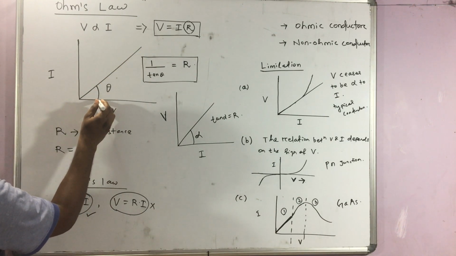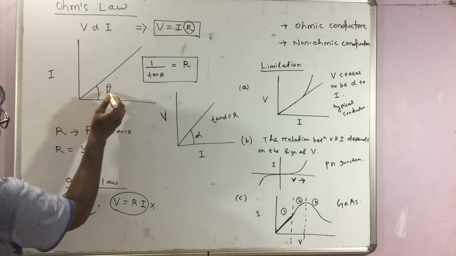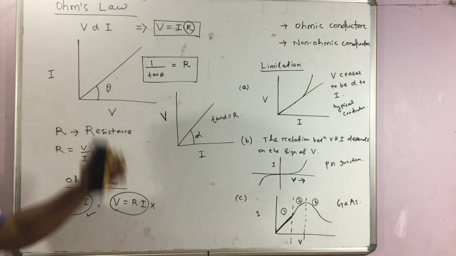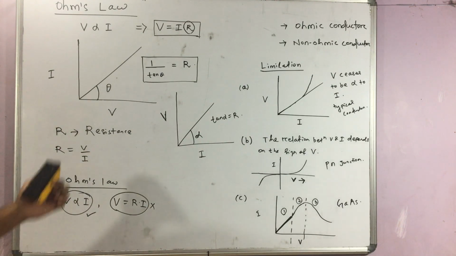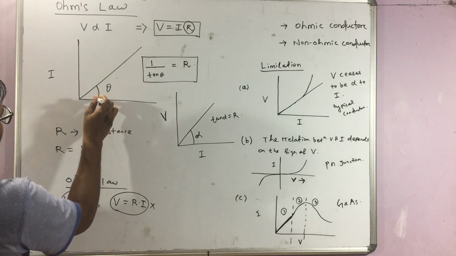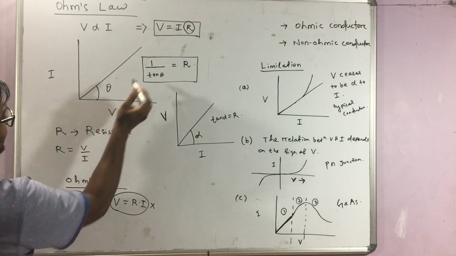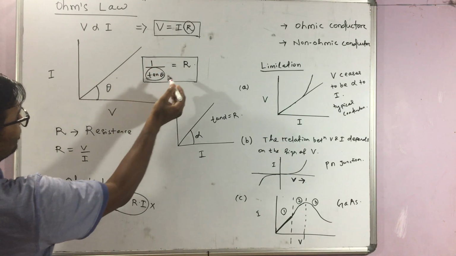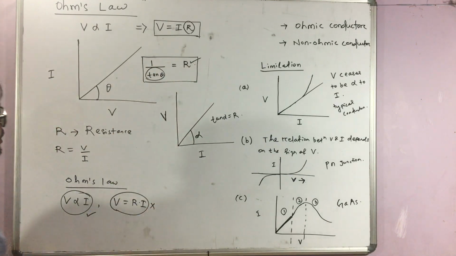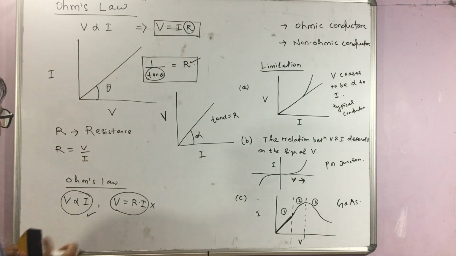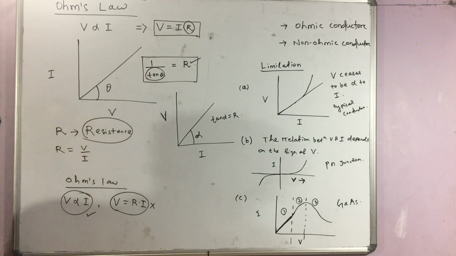For different conductors, you will find the value of theta is different. Here temperature is a big factor; we will see the limitation later on. Suppose this angle is theta, then from this graph, if you find tan theta and its reciprocal, that will give you the value of R. Here this R is called resistance.